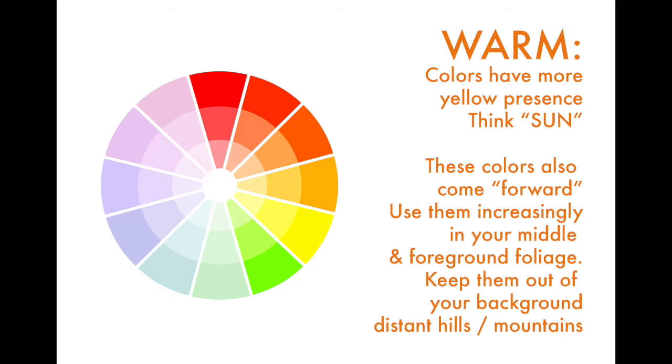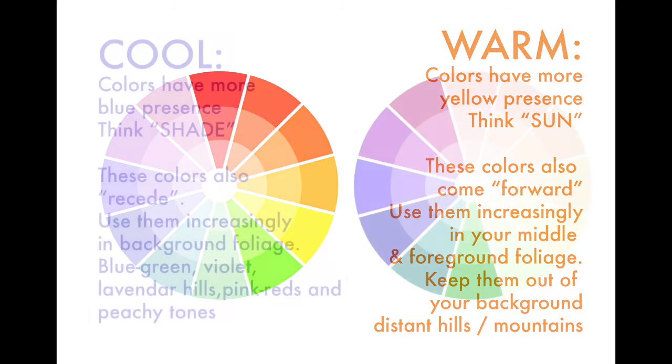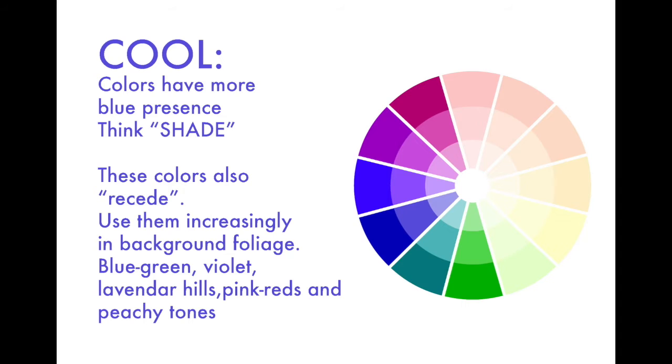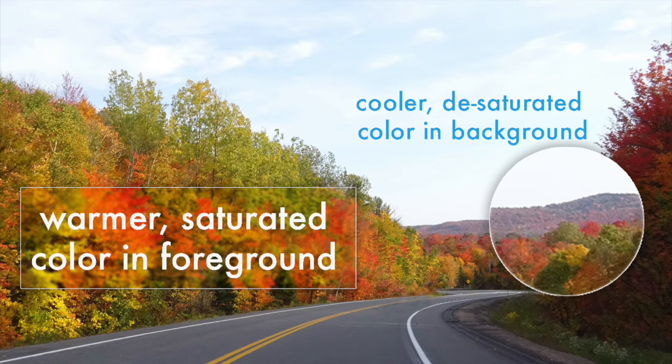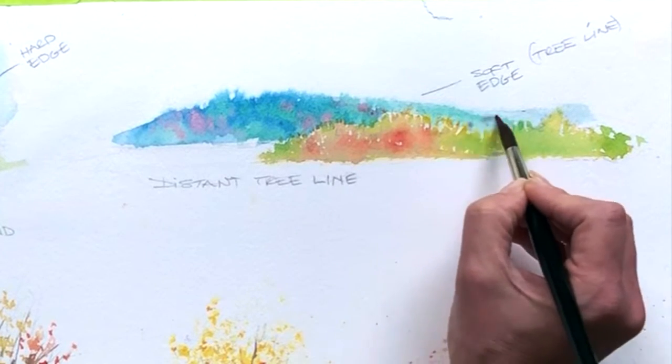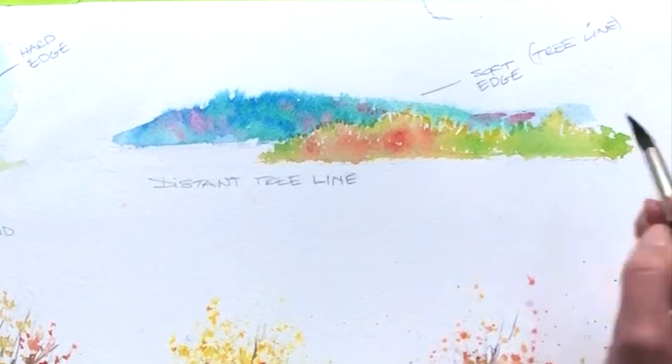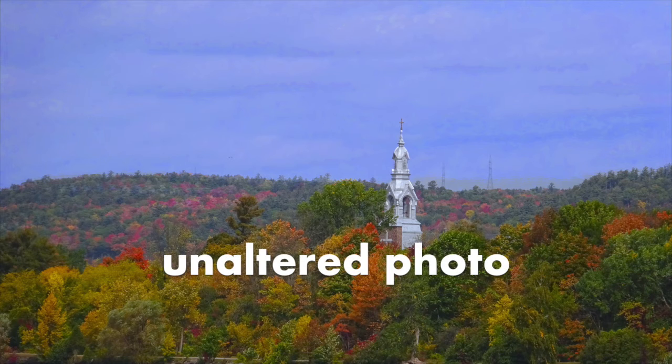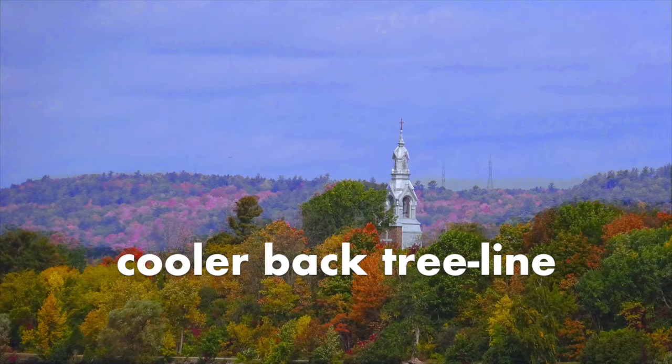As a general rule, warm colors tend to come forward and cool colors recede. Of course, there are always exceptions to this, but this is a general rule. So, on very distant trees and hills, you might want to intentionally use colors with more lavender or magenta tones, or with cooler greens like turquoise and blue greens, even if your photo or the reality appears to be different.